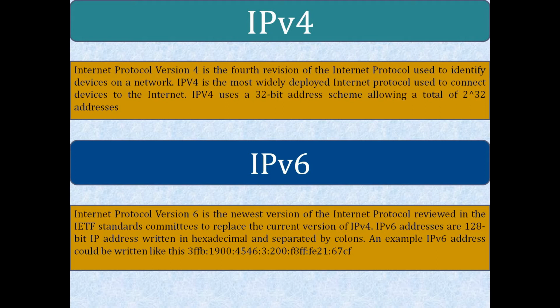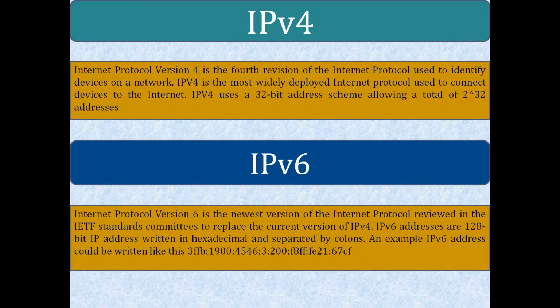You can see how the IPv6 IP address looks. It is a 128-bit IPv6 address. It is totally different. It is the current version. Now we are using IPv6 in many areas, so slowly IPv6 is coming. IPv4 addresses are not enough for present resources. So that's why they introduced the IPv6 protocol, the newest version of the Internet Protocol, reviewed by the IETF Standards Committee to replace the current version.